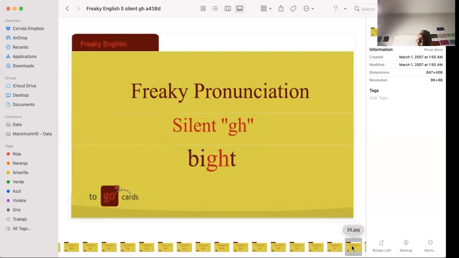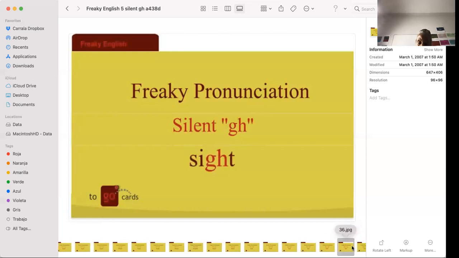Bite, B-I-G-H-T, and bite, B-I-T-E. Sight, sight is S-I-G-H-T, C-I-T-E, and S-I-T-E. They all spell sight, and they all mean something different.